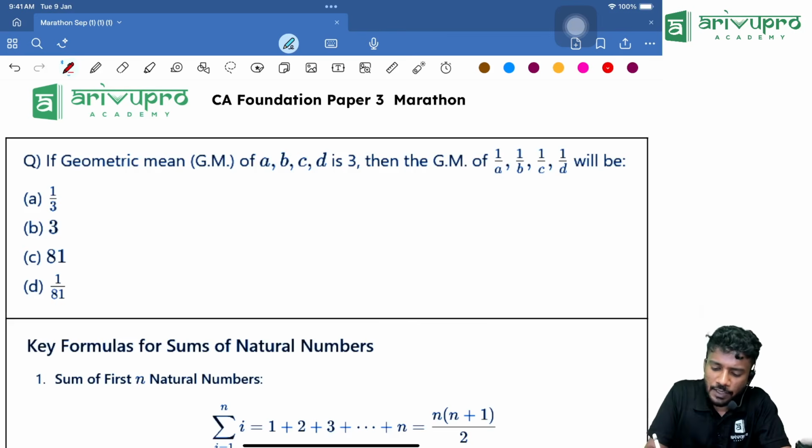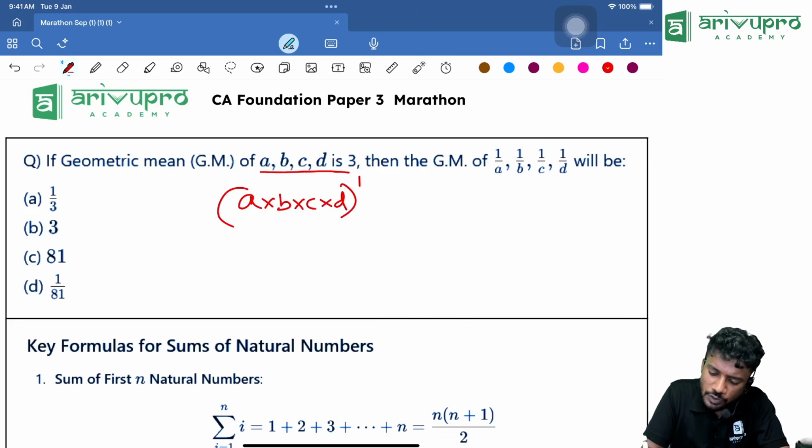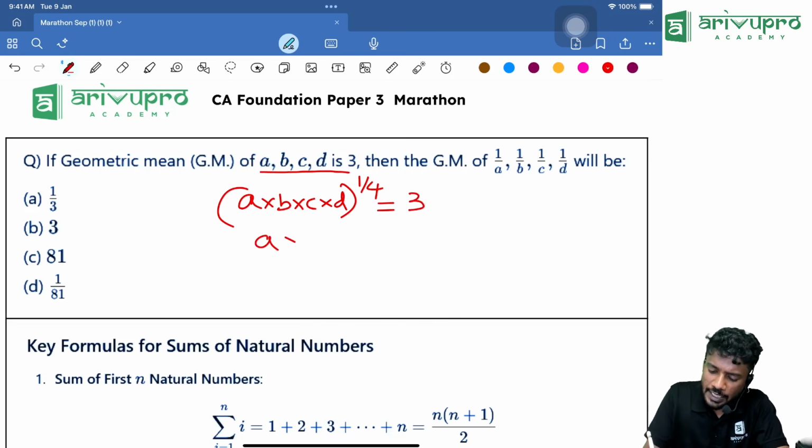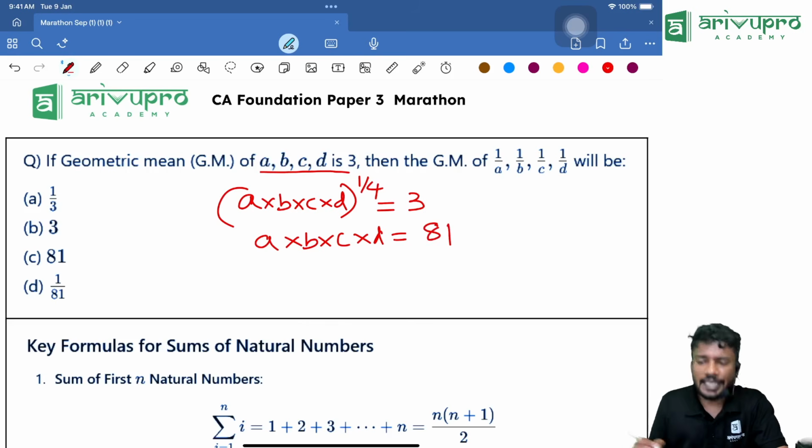Can I say the GM of A, B, C, D is A into B into C into D, the entire thing raised to 1 by 4, equal to 3? From that, A into B into C into D can be written as 3 raised to 4, that is 81. So ABCD is equal to 81.